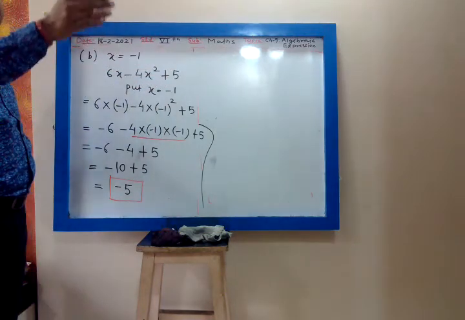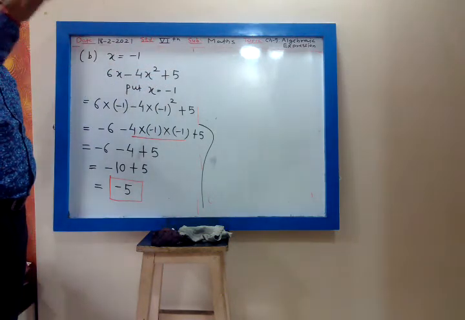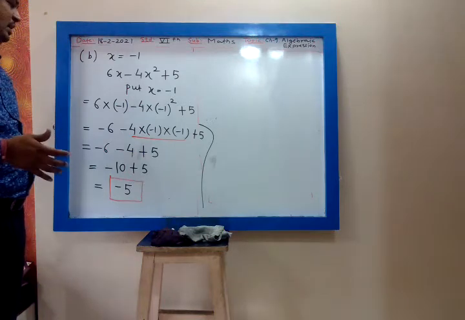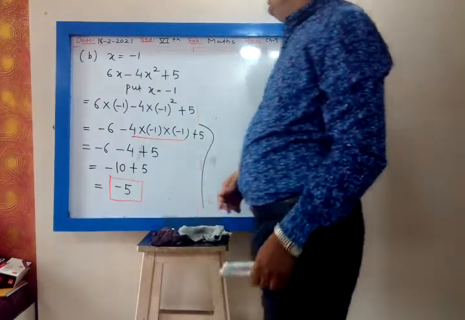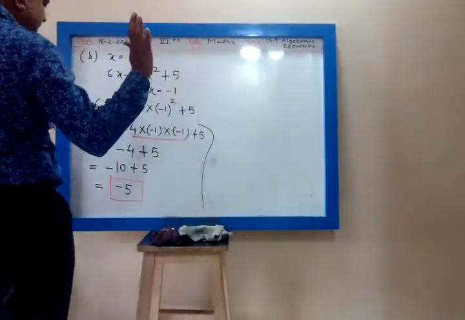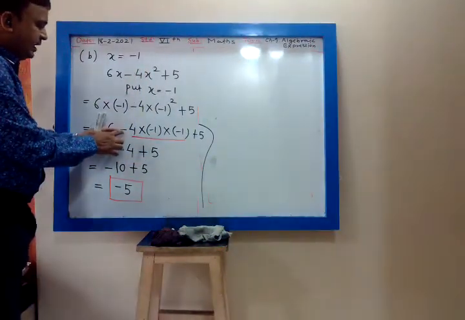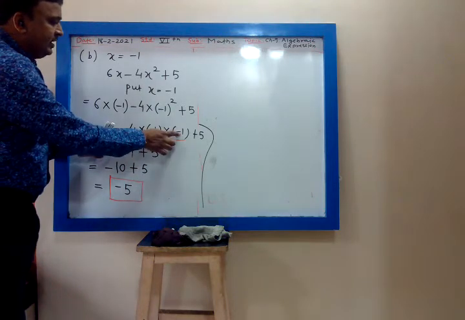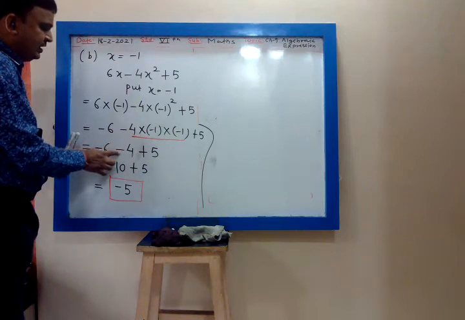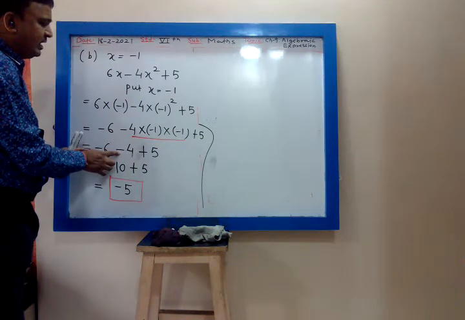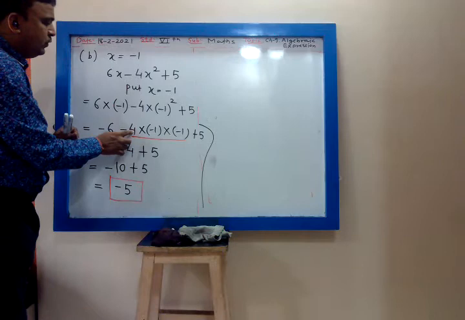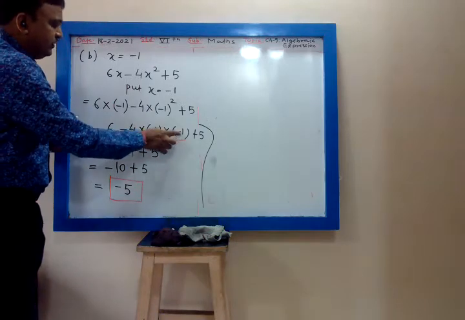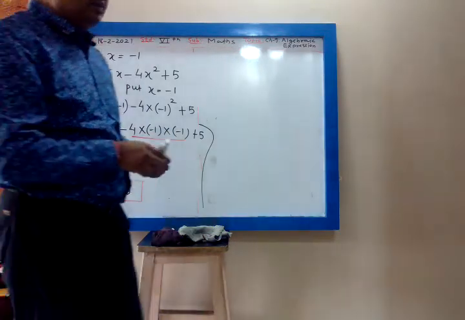Power means that number of times you have to multiply. Minus into minus plus, then plus into minus, minus, so final sign is minus. After multiplying the sign, now you multiply the numbers. 4 into 1, 4, so answer is minus 4.